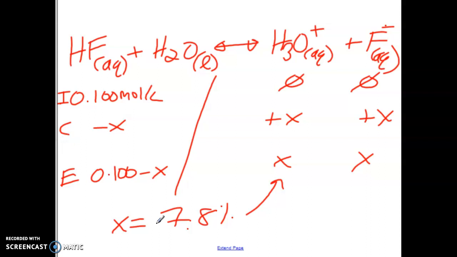We can figure out 7.8% of the initial concentration. If we know what 7.8% of this is, we can figure out how much product. 7.8% of this 0.1 became hydronium and fluorine ions. So by having percent ionization, we have a direct way of calculating what X is. So we'll do that next.